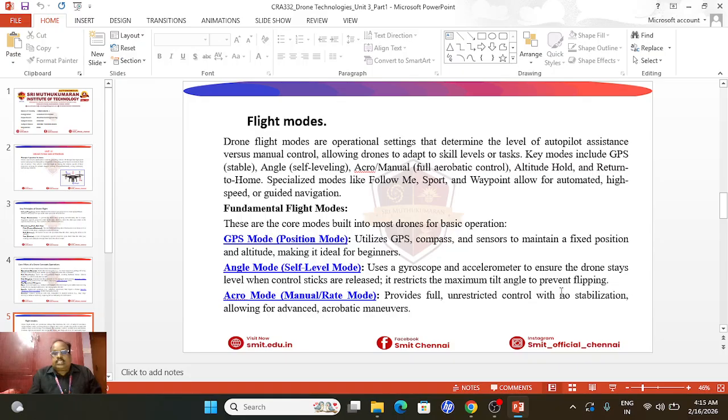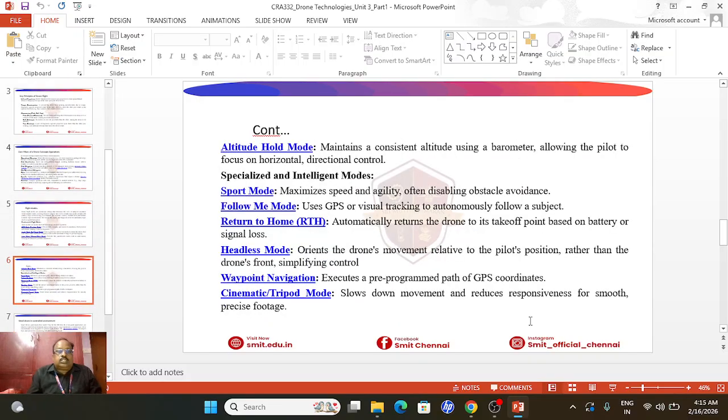It restricts the maximum tilt angle to prevent flipping. Acro mode is a manual mode or rate mode, which provides full unrestricted control with no stabilization, allowing for advanced and acrobatic maneuvers. So this relates to the level of autonomy. Here is how the flight modes work.